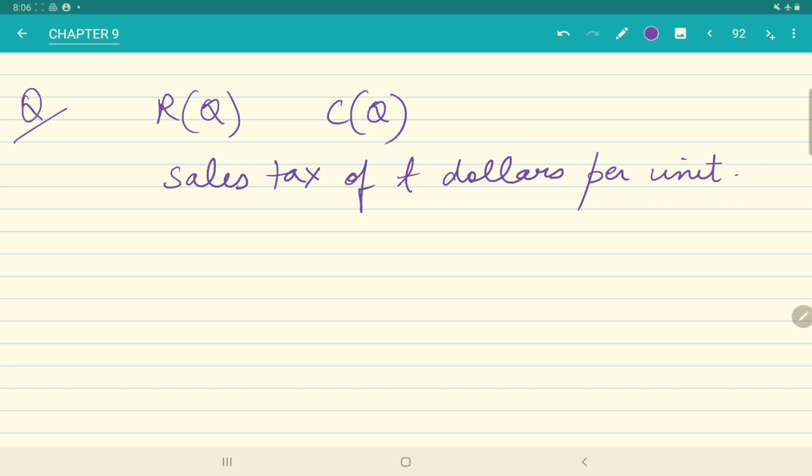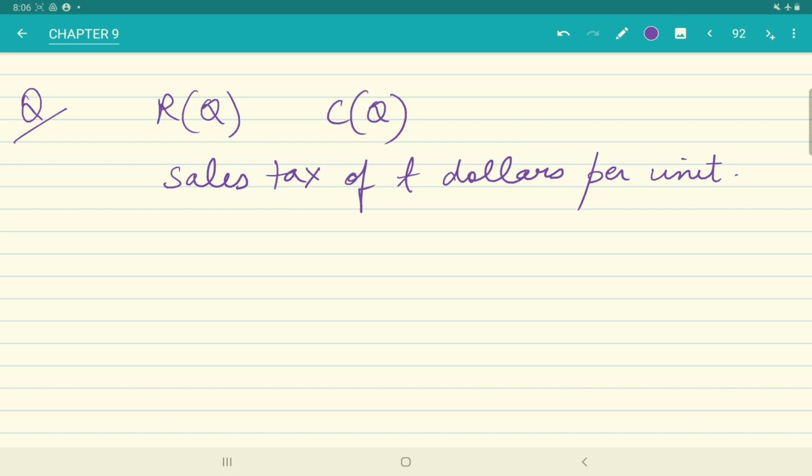Now, let's say I know that there is a maximum quantity that the firm can produce, and the firm just cannot go above that, so that is Q bar. R and C are differentiable functions of Q, which means the profit function pi is also a differentiable function of Q. There are technical limitations, so the firm just cannot go beyond Q bar.